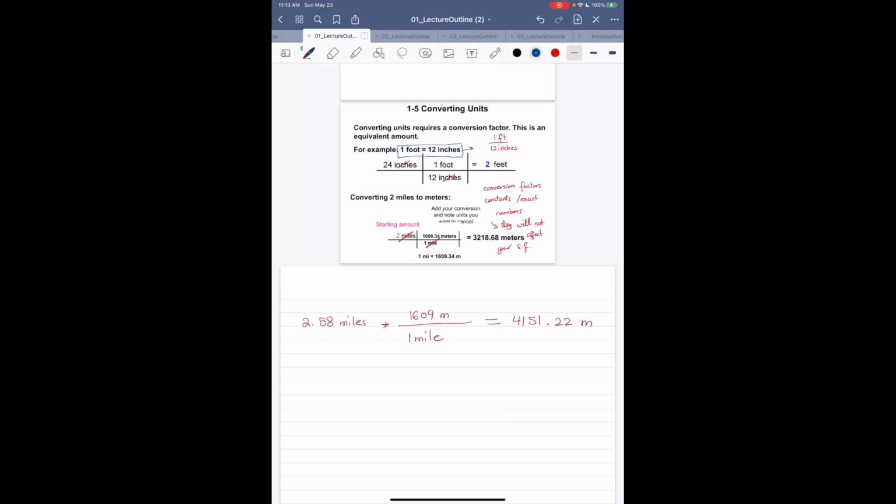I will not consider the conversion factor in my calculation. I will talk about this one being 3 sig figs. Then I'm going to keep only 3 sig figs here, which means this is going to be 4150.